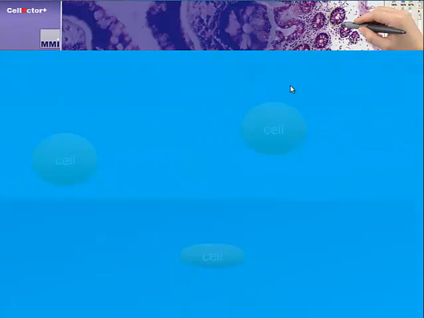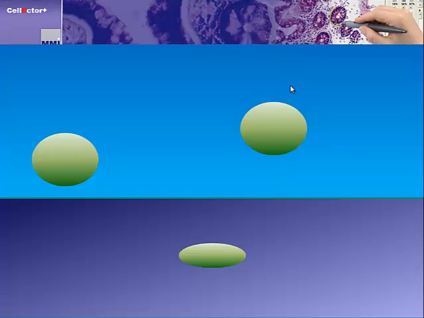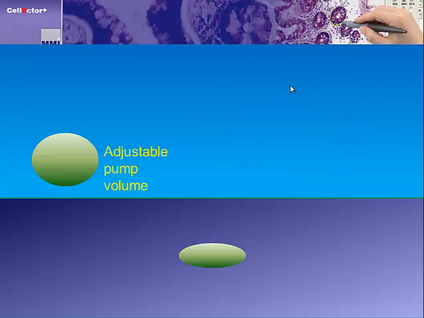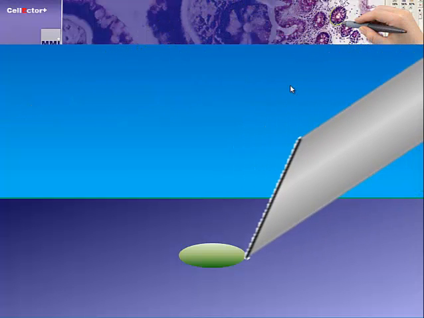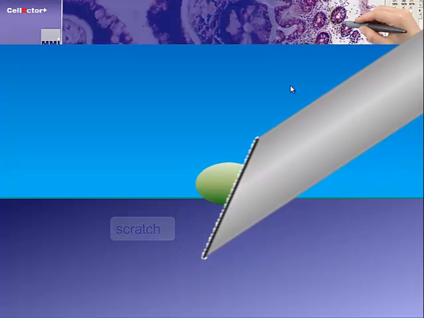For the capillary, there's safety adjustment for the glass capillaries, adjustable spacing, and an adjustable pump volume. Typically, the volume range is in the nanoliter range. And there is a way to attack also those that resist the approach, by turning the capillary around and scratching them off the bottom.